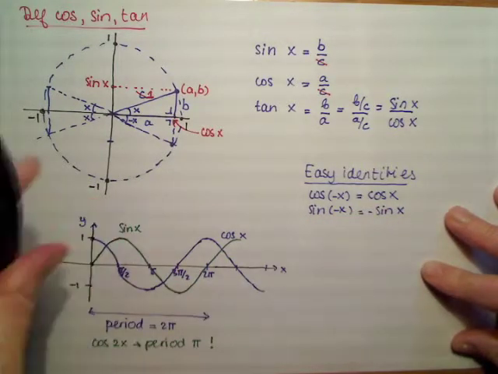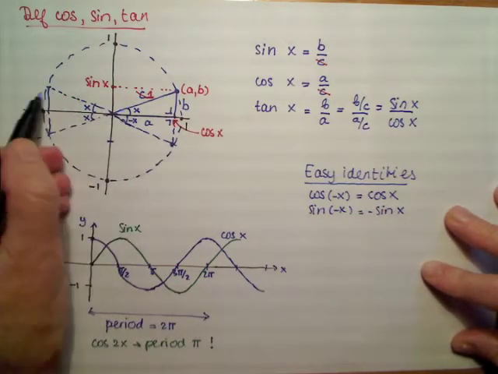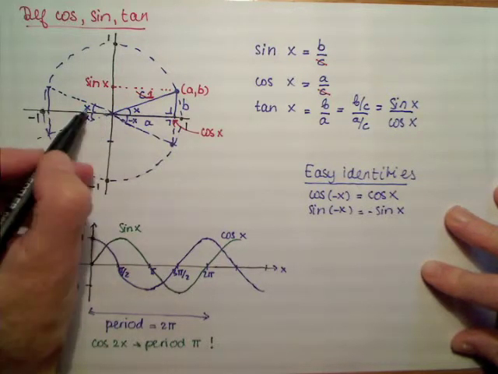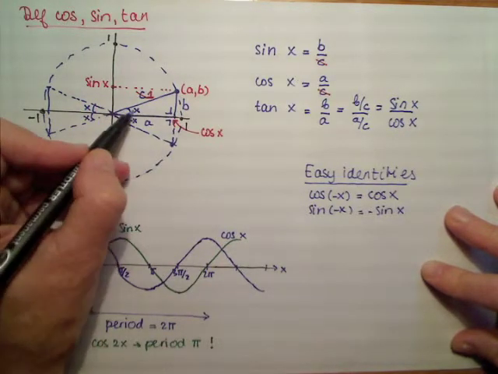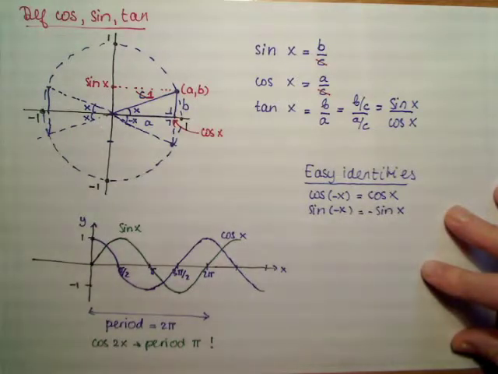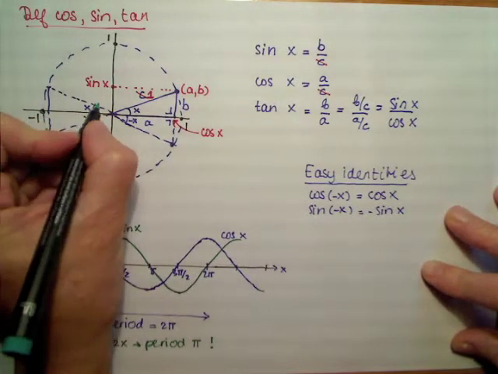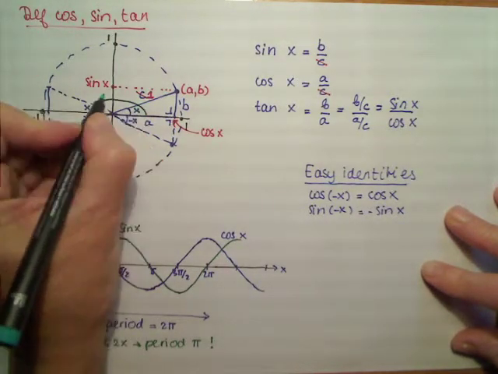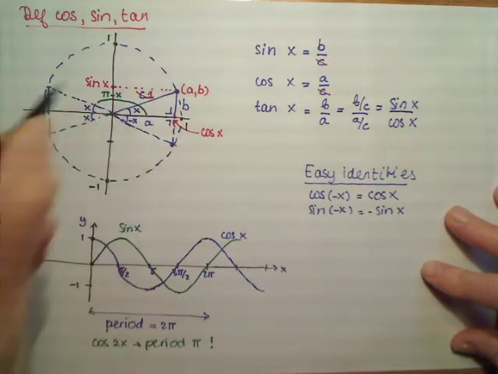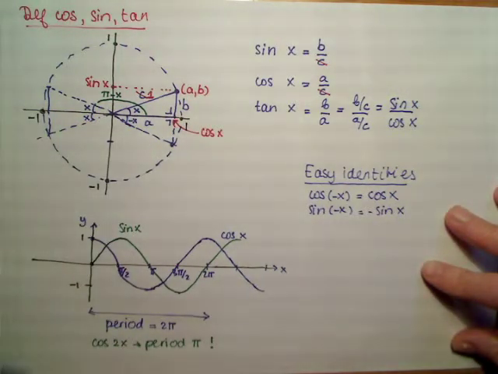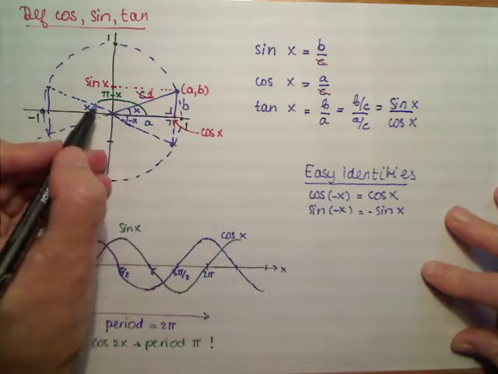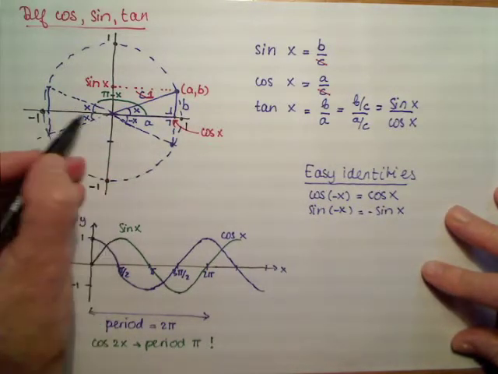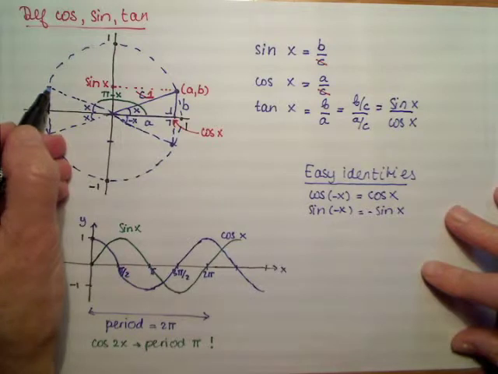And the same happens, of course, if, for instance, you look at this triangle. If we have x over here, then this is the angle pi minus x. And now if you look at the cosine of that angle, you see that the corresponding point on the circle is this one.